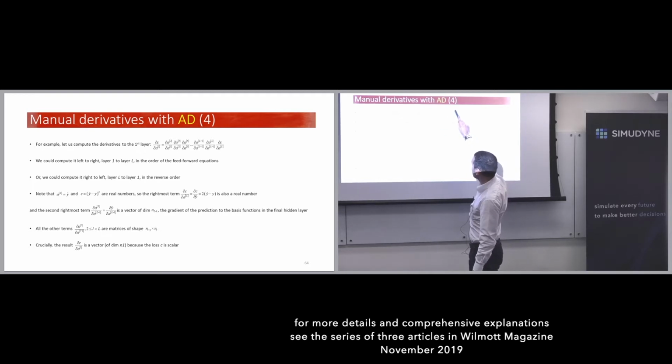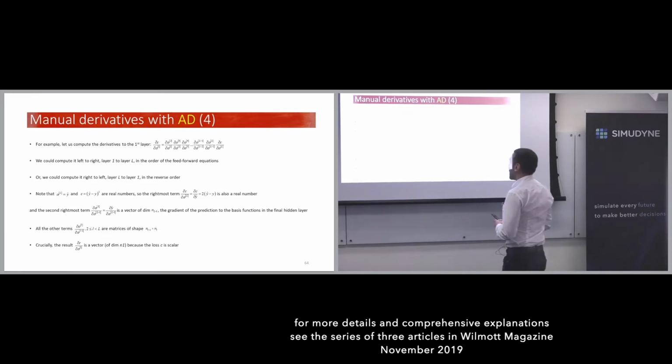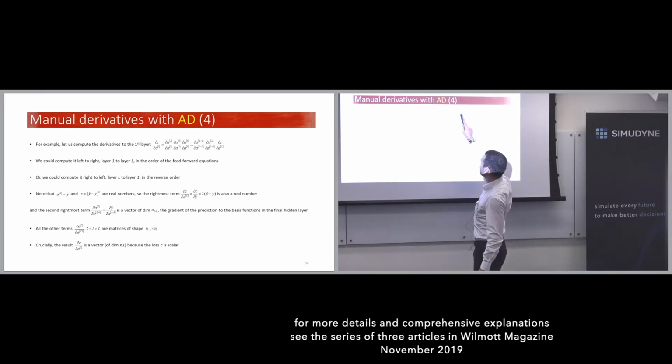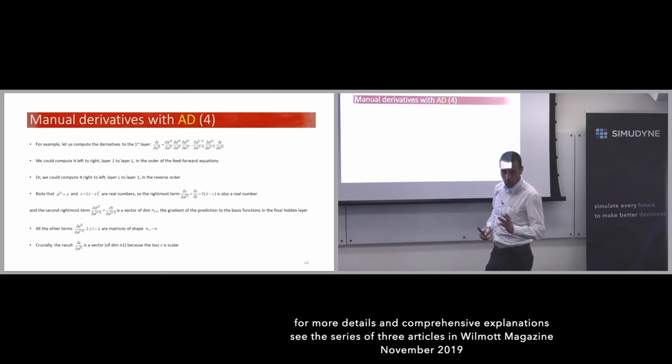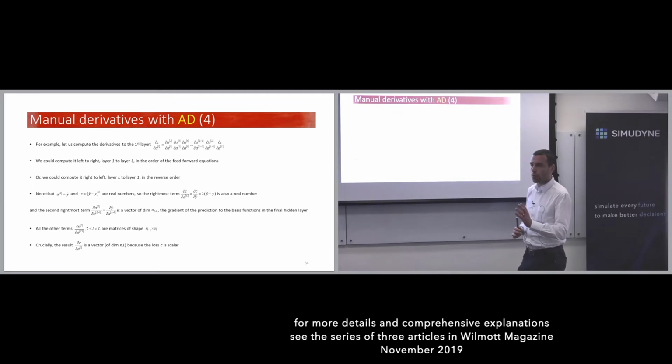The one before, the second rightmost one, is a vector, and the rightmost one is a real number. And why is that? That's because of one fundamental property that makes everything work here: we said we restrict ourselves to scalar calculations, to calculations where the prediction is one real number.